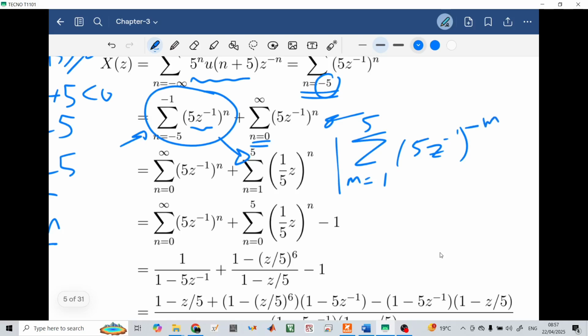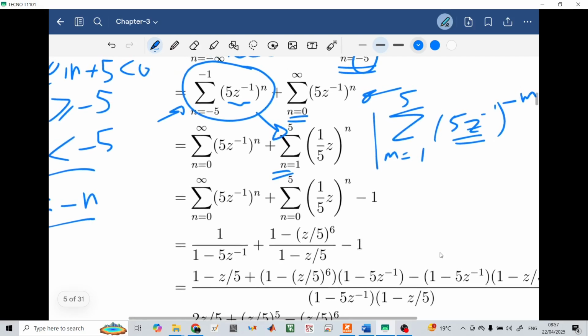We just change m by n here, and flip this term, so the 5 becomes 1 over 5 and z to the power minus 1 becomes z. So this is what we have here.